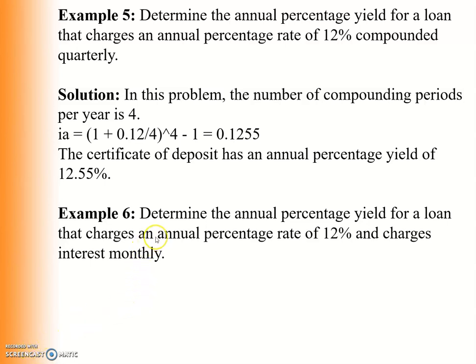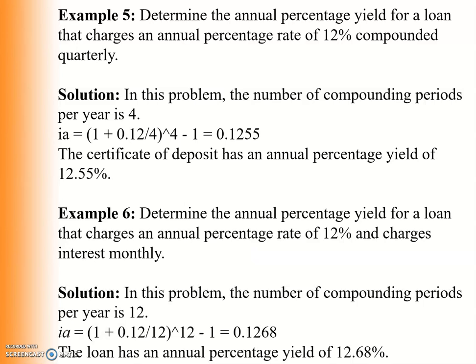So continuing from the previous video clip, in this case the monthly interest rate is charged on the annual percentage rate. So the annual percentage yield will be (1 + 0.12/12)^12 minus 1, so it will be 0.1268, or 12.68%.